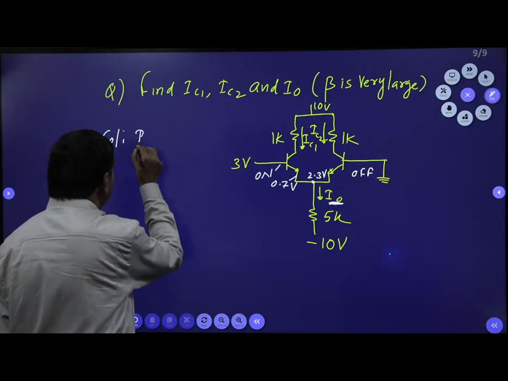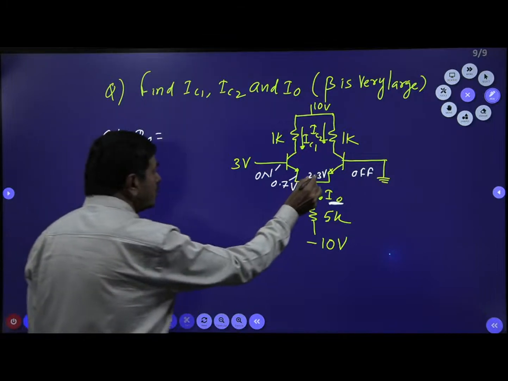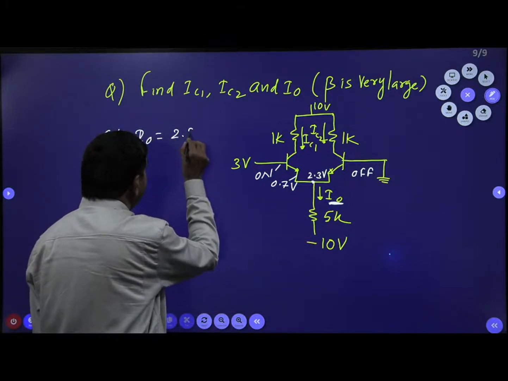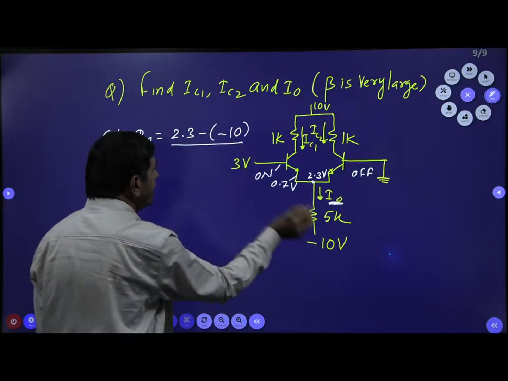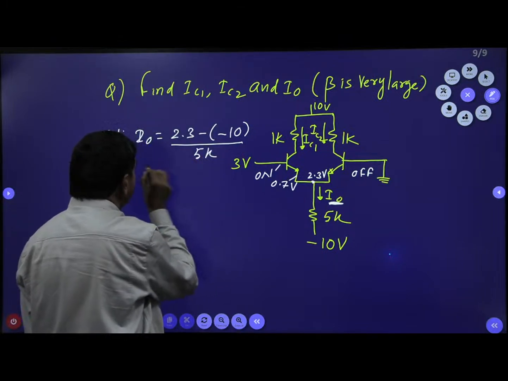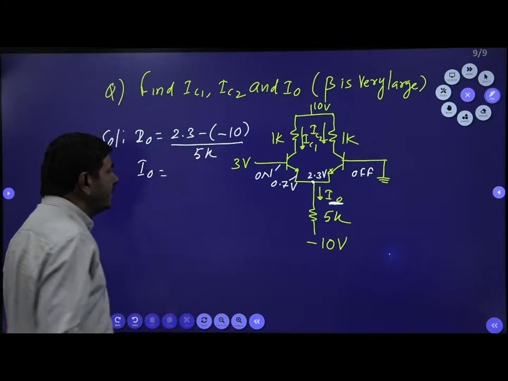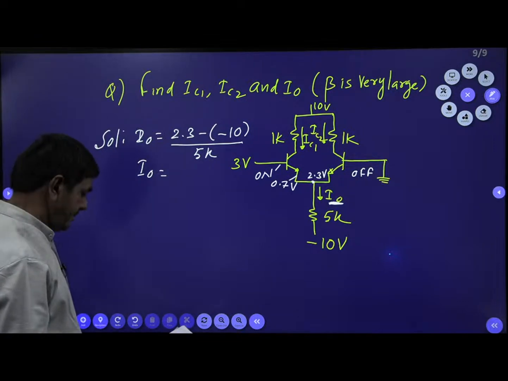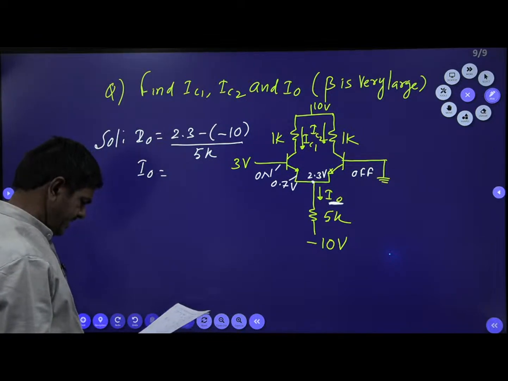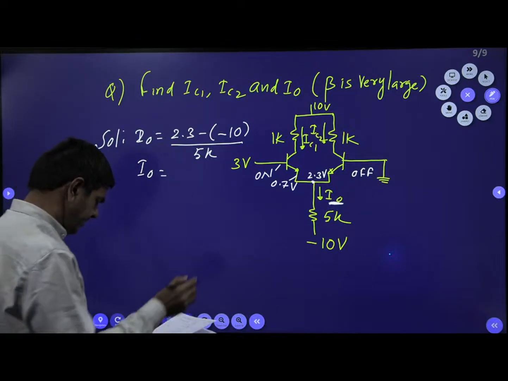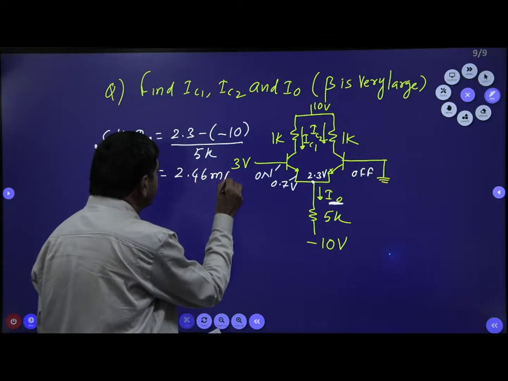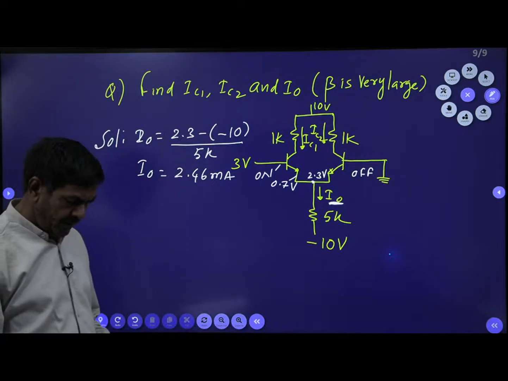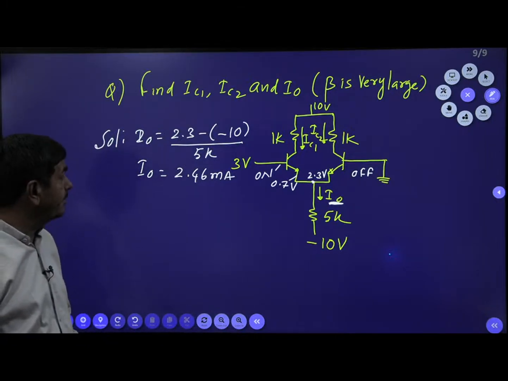I0 equals 2.3 minus of minus 10, divided by 5K. Whenever you use the calculator, I0 comes as 2.46 milliamperes of current.